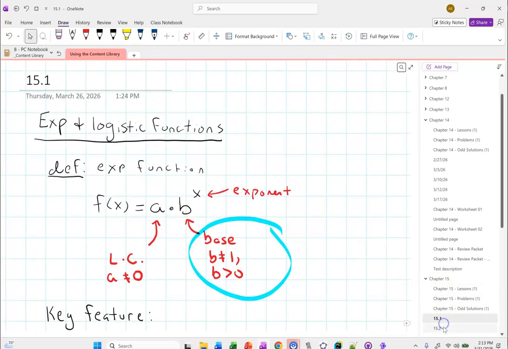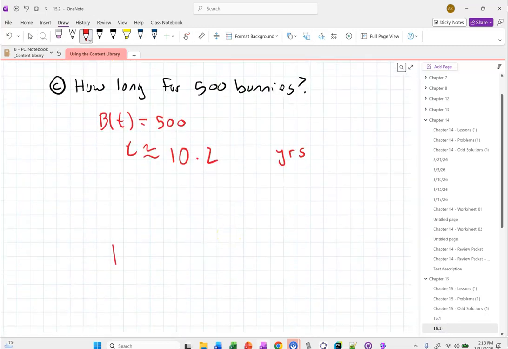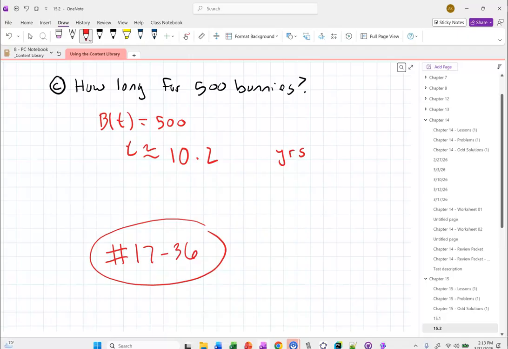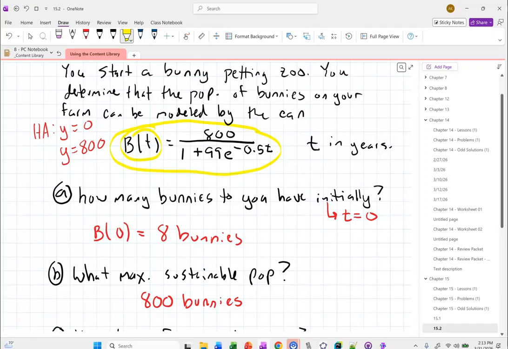How come you have to do the intersection thing? How come you can't just do what you did with the initial population, like you did the Y1? So I can plug in, because here in parts A and B, we're looking for B(t), and we're given a t.